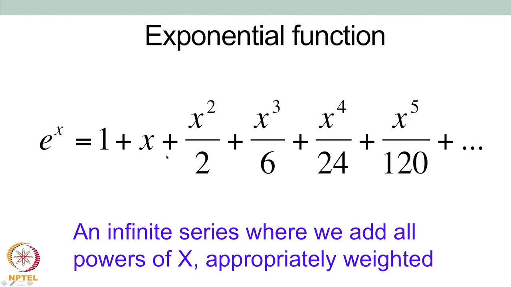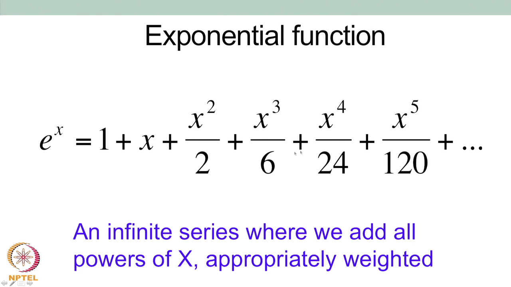E power x can be written as 1 plus x square by 2 plus x cube by 6 plus x power 4 by 24 plus x power 5 by 120 plus an infinite series. So this is an infinite series where we add all powers of x appropriately weighted by factors like half, 1 by 6, 1 by 24 and 1 by 120.